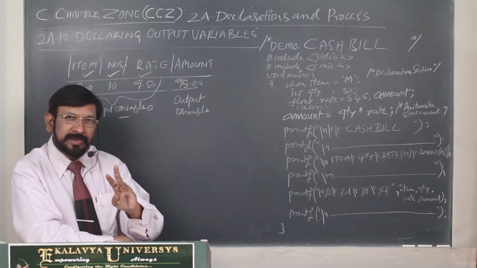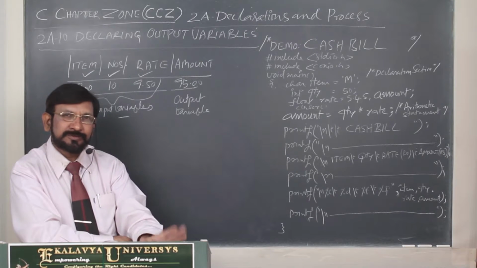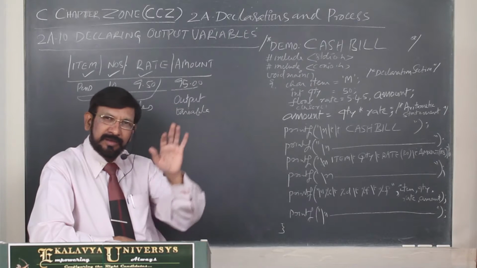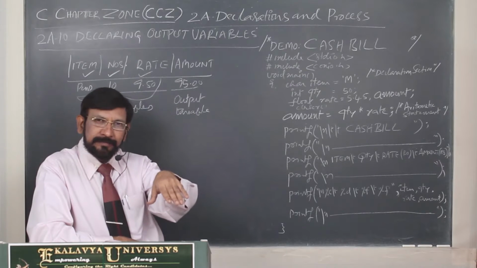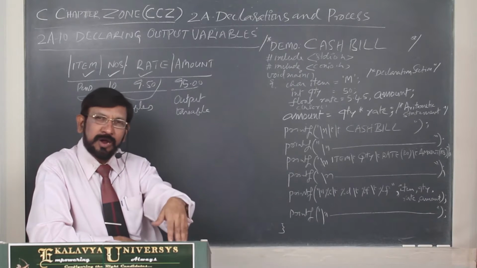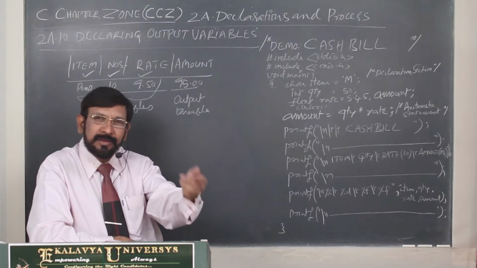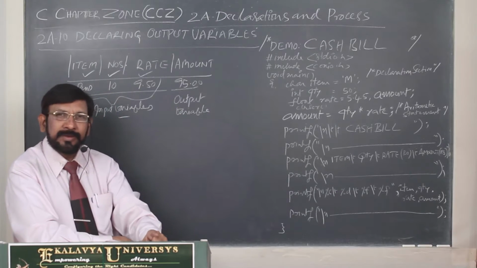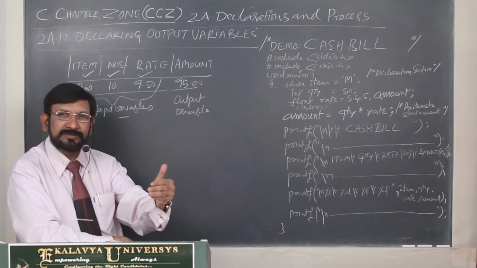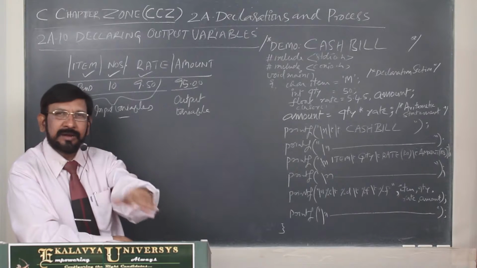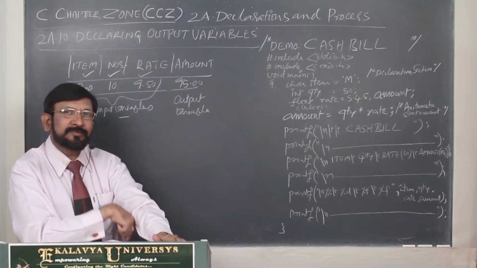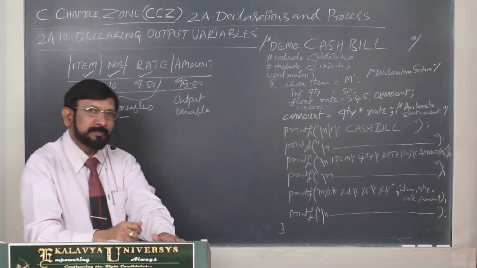So 3 are output variables. Totally 8 variables are required. 5 you are entering because you know how many marks you got. The system does not know, but your program calculates your total marks, average marks, and grade. For that you have to create output variables.